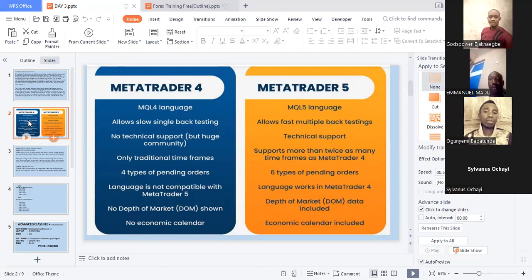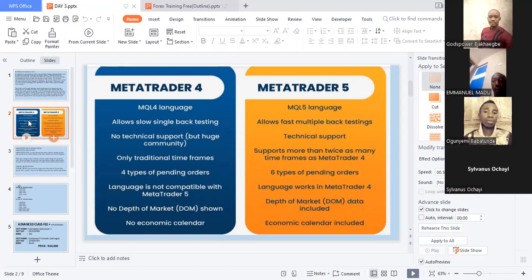And MetaTrader 4 has no depth of market and no economic calendar, but MetaTrader 5 has a depth of market and the economic calendar is shown.